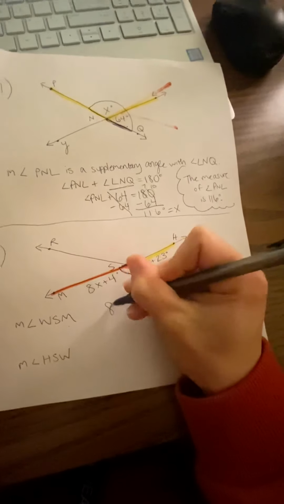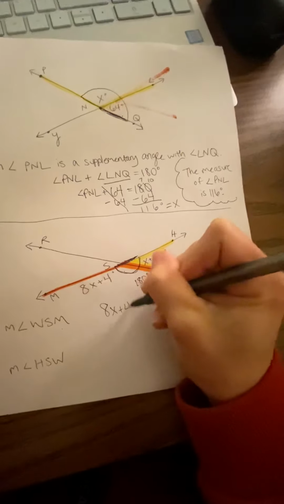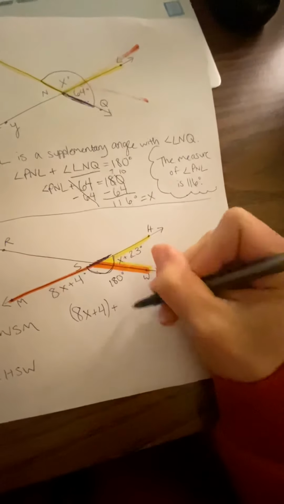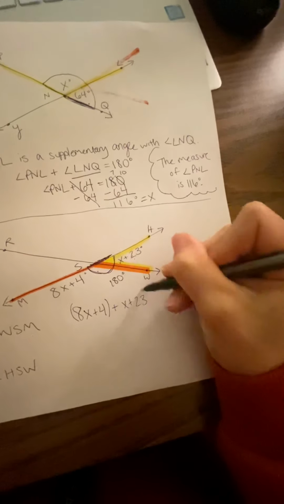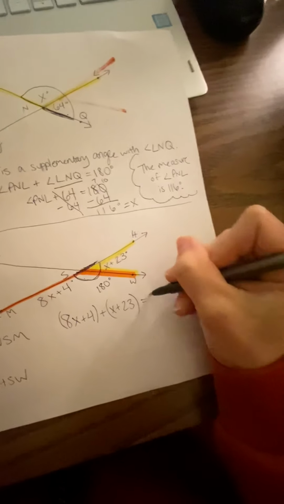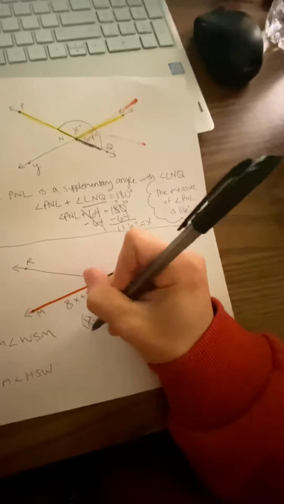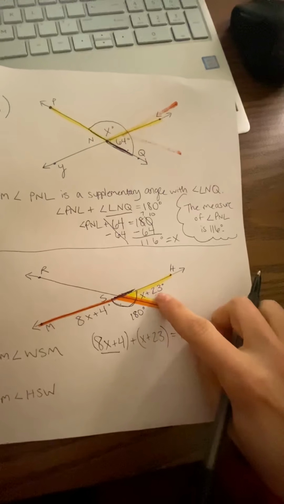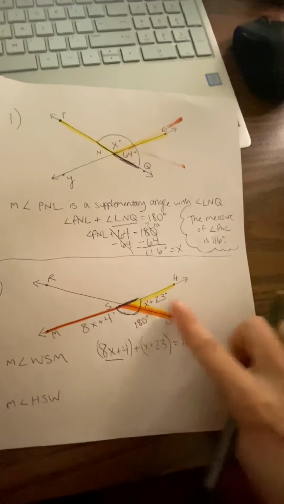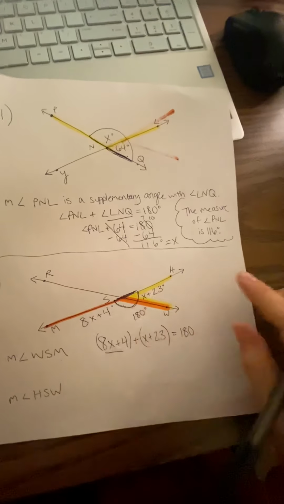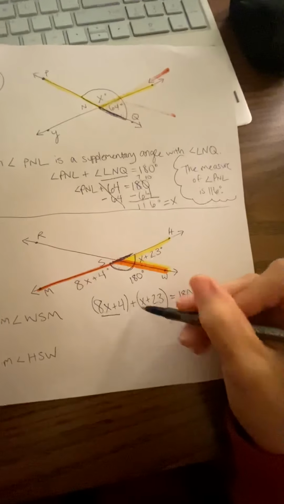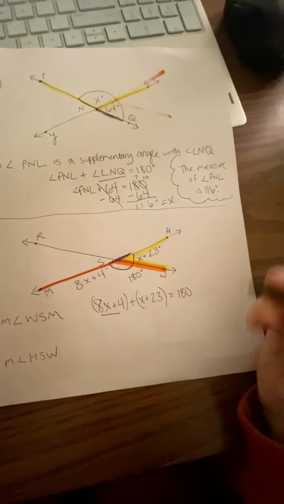So it's going to look something like this: 8x plus 4 plus x plus 23 equals 180. I'm counting this angle and this angle, taking care of this whole thing that, as we said before, was 180 degrees.